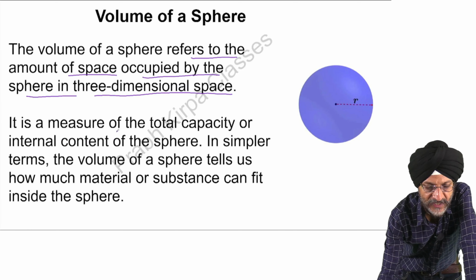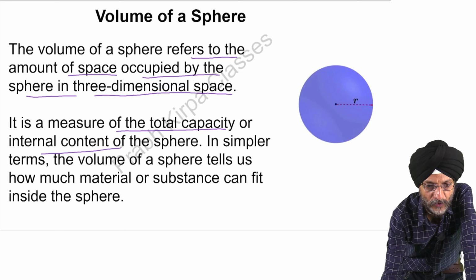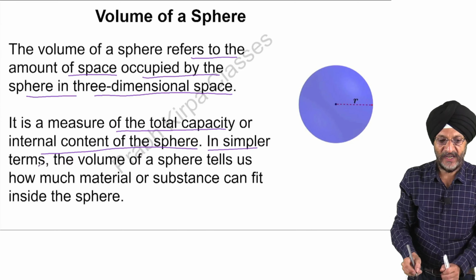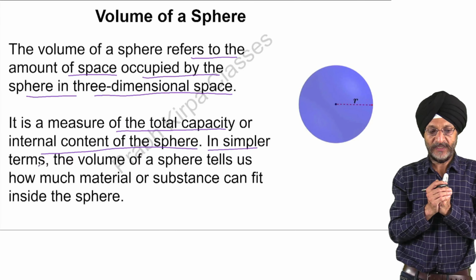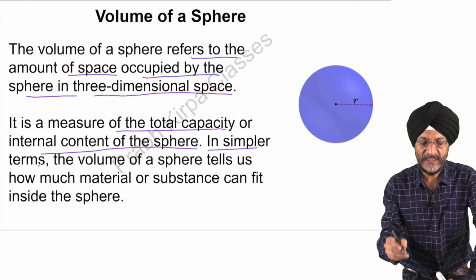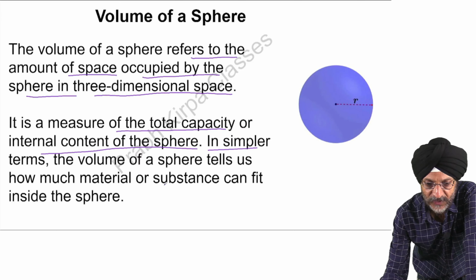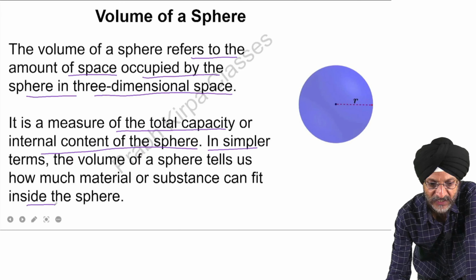It is a measure of the total quantity or internal content of the sphere. In simple terms, we can say that the volume of the sphere tells us how much material or substance can fit inside the sphere.